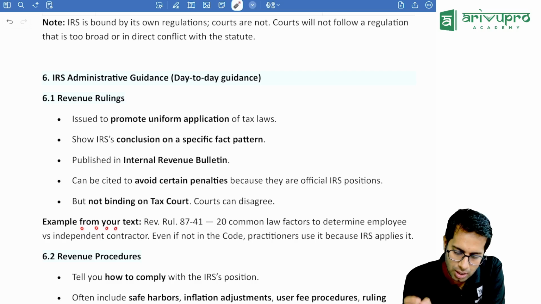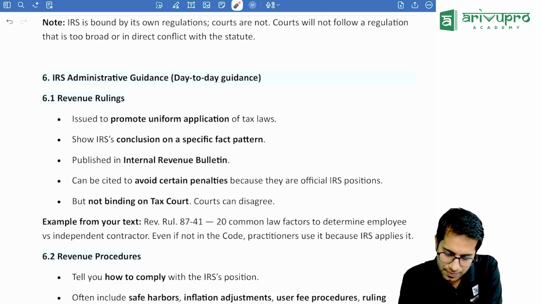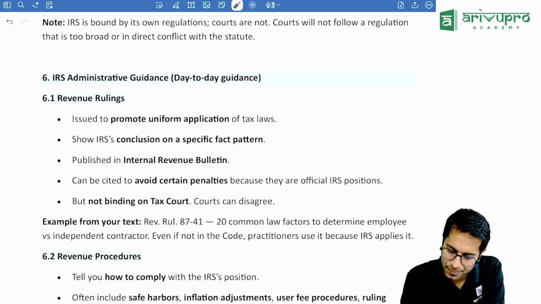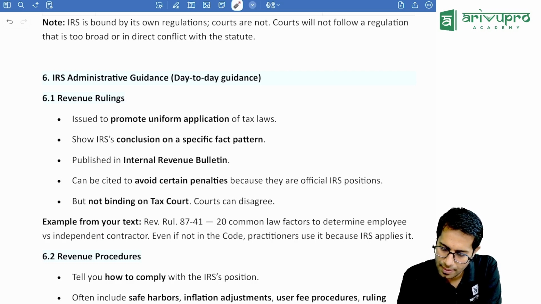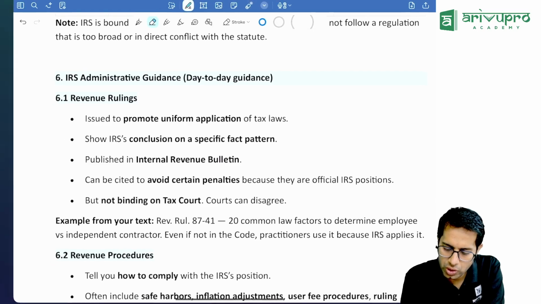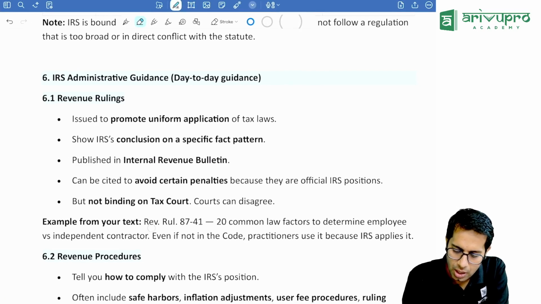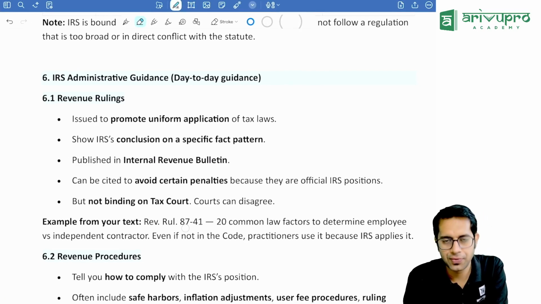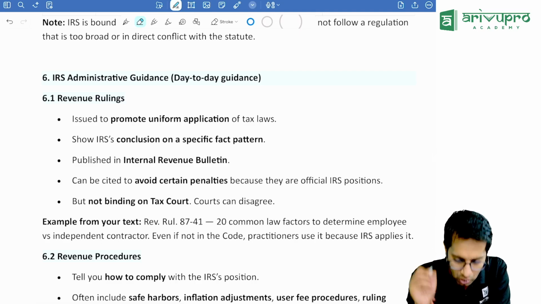Example for the text. You ignore this ruling number. Revenue Ruling 87-41: 20-factor common law test to determine employee versus independent contractor.